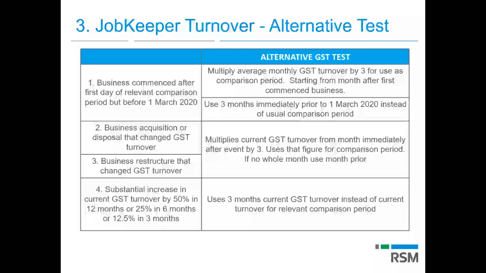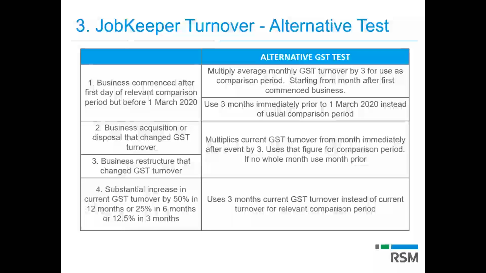The first of these tests effectively averages your GST turnover for each full month since commencement and then multiplies that average by 3 to give you a 3-month comparison period. This test applies where the business is commenced before 1 February 2020. If the business is commenced on or after 1 February 2020, the turnover for the month of February is averaged by day, and then that amount is multiplied by 29 to give you a monthly turnover.